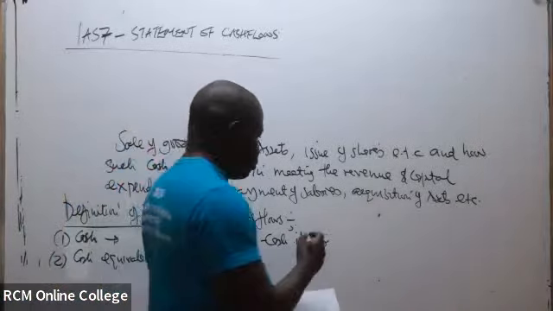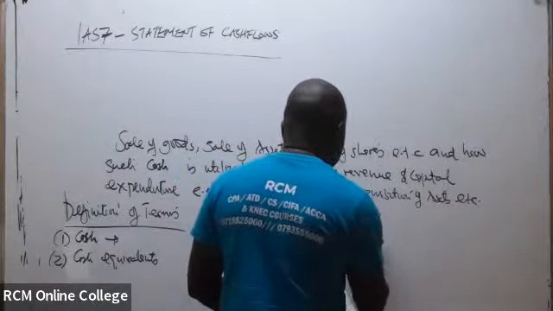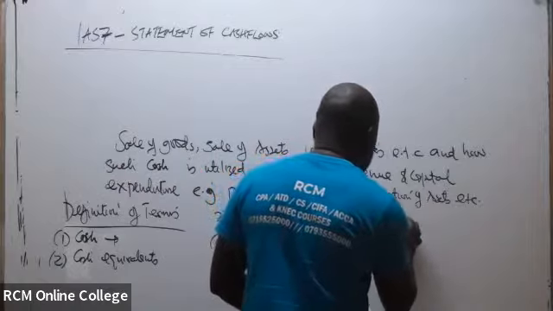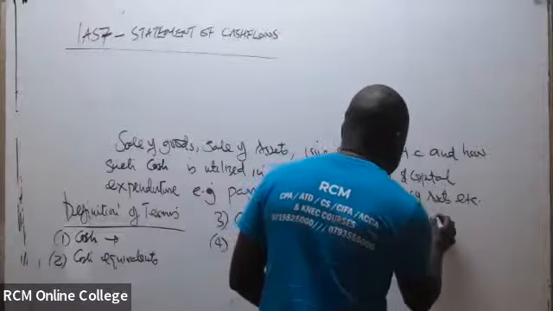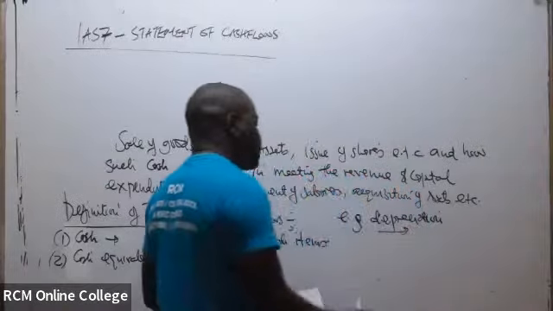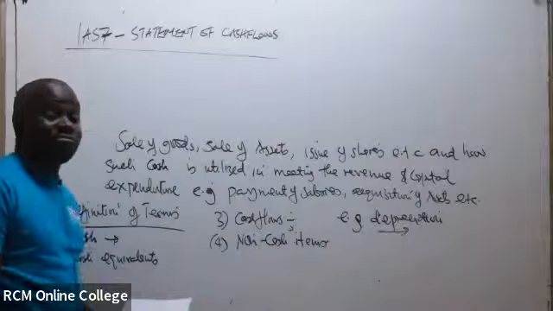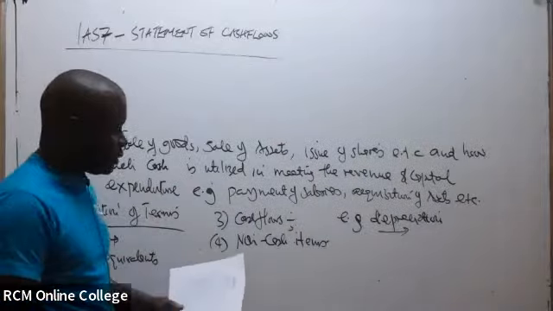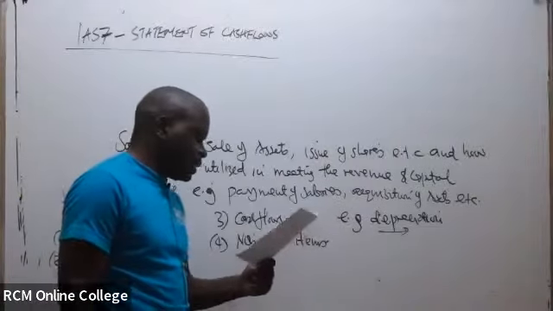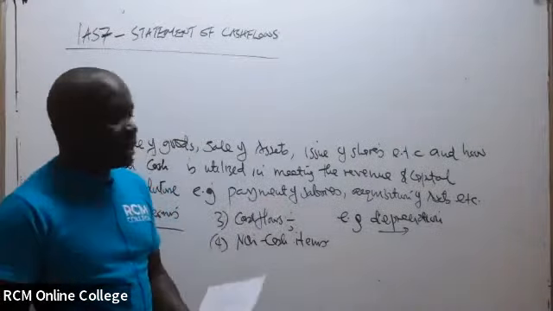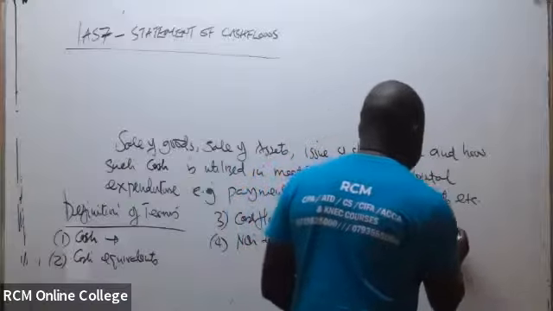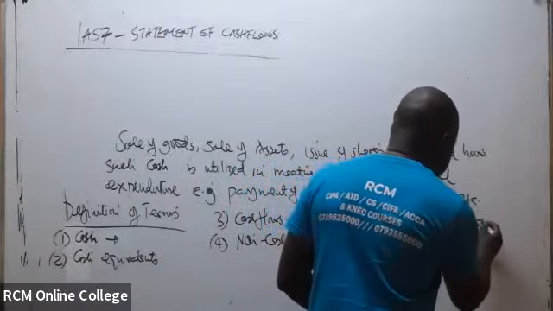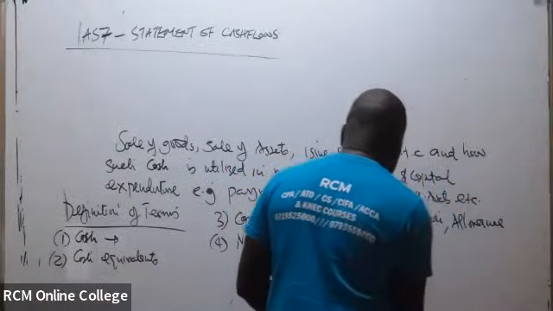For example, depreciation. You normally recognize it as an expense, but there's no money that has gone out of the business. It's just the loss of value of an asset, but you haven't paid any money out. So it's a non-cash item. Likewise, allowance for doubtful debts, allowance for bad debts. They don't involve cash having to go out.